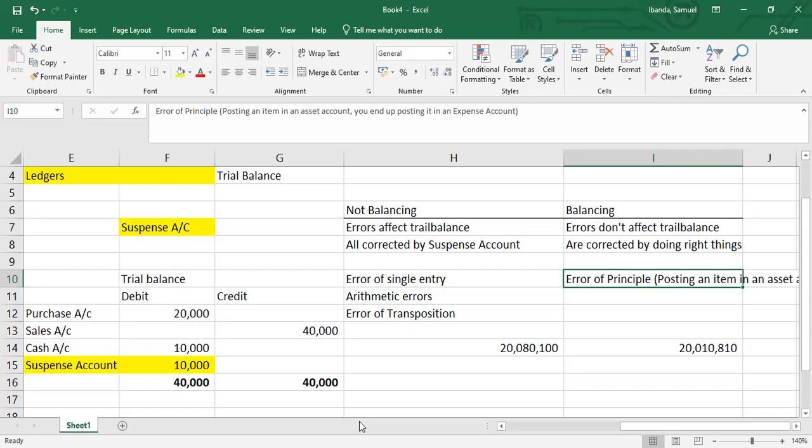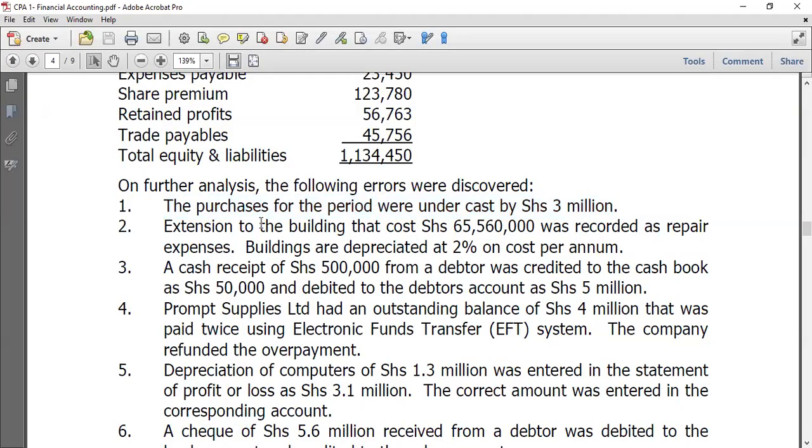So you need to understand that the examiner usually can't bring a question without including such an error, and this is one of them. So the extension to the building that cost 65 was recorded as repairs expense. And you know very well that if we are having an extension to the building, then that is a capital expenditure.